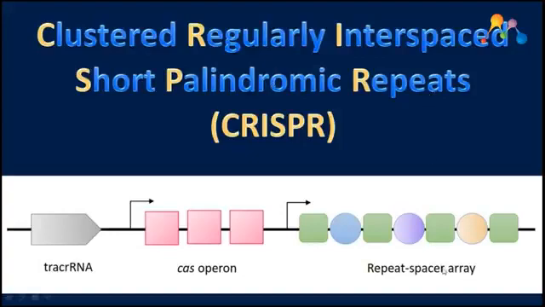These repeated sequences form an array composed of many repeats. These spacers, or these sequences, are gained. Every one of these colored structures is gained from a previous viral infection of these bacteria.